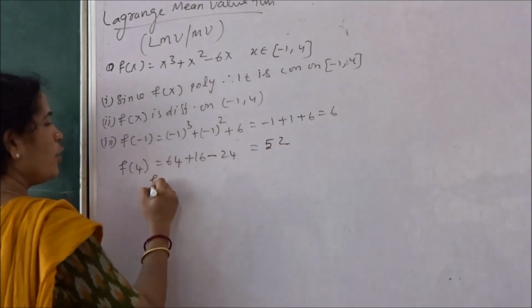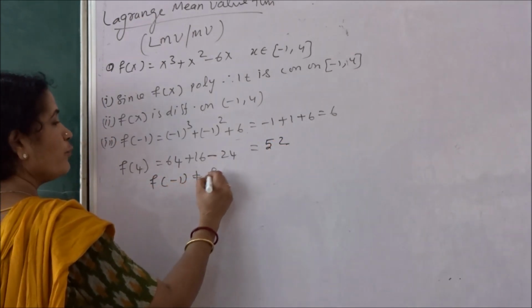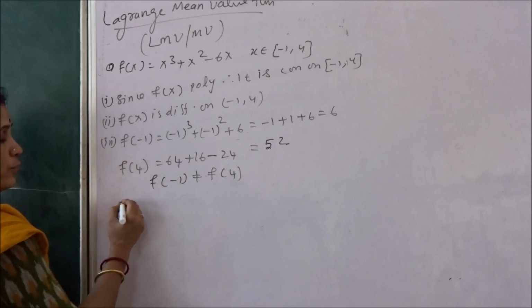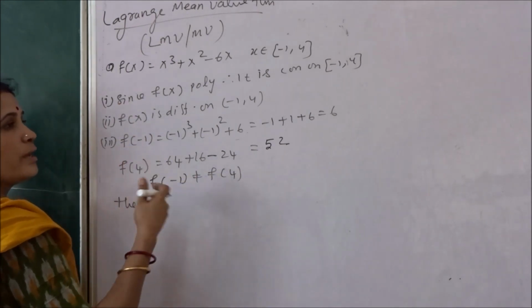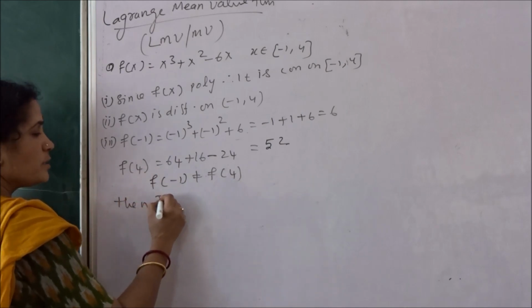Am I correct? Now f of a is not equal to f of b. So the three conditions are satisfied, and we can move forward. Then there exists a constant.